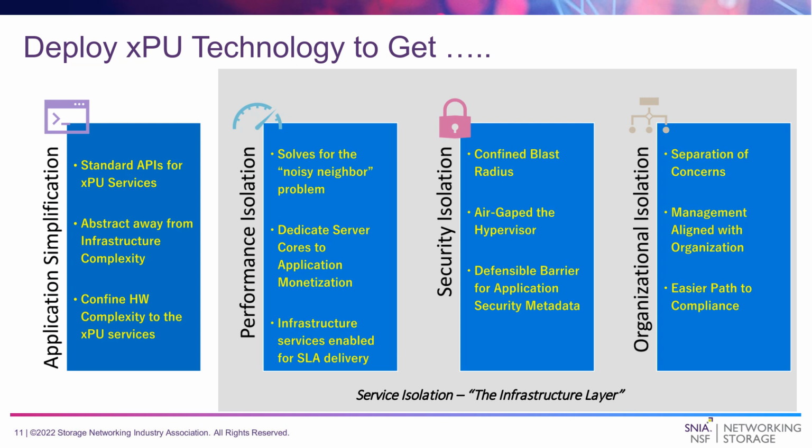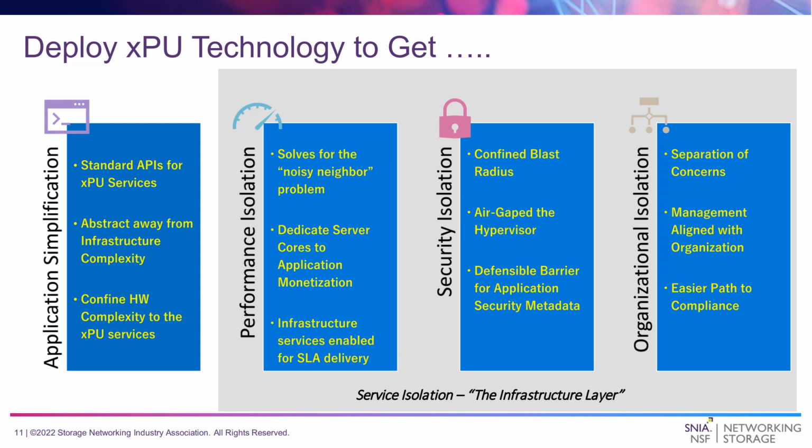That makes your application much simpler, and your application developer can focus on the business logic and not on how to get on top of a piece of particular hardware. Effectively, we're abstracting the application away from the infrastructure and its complexity, and we're pushing that complexity and the complexity of the associated services down onto the xPU and away from the application. This makes your application more simple and more portable.